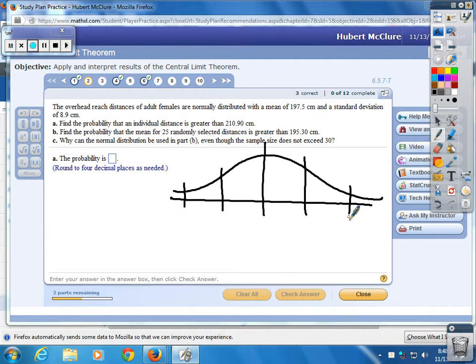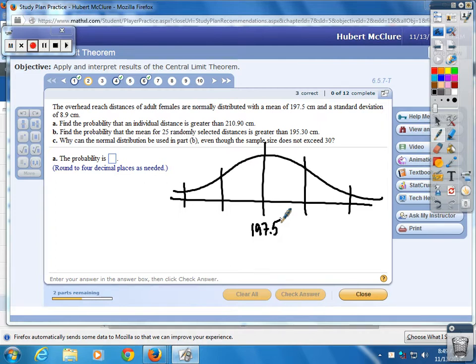Mean of 197.5. Now you're going to have to use your calculator on this unless you're Rain Man. Go ahead and add 8.9 here and here and subtract it here and here and tell me what it is. 206.4.